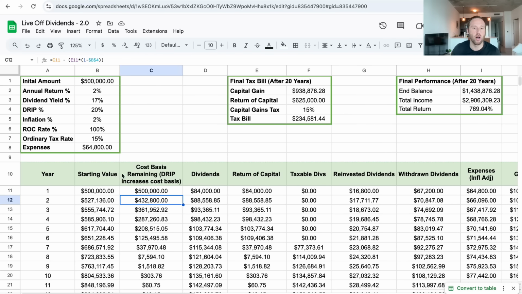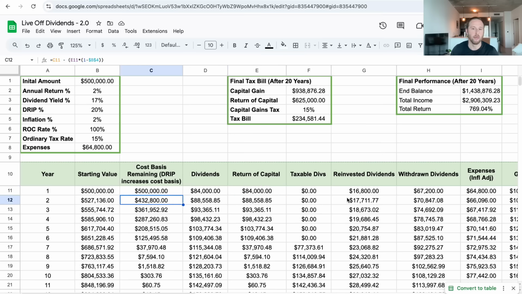Now you can see that our cost basis remaining has decreased to 432,000, right? Our initial cost basis was 500K, and we brought down the cost basis to 432,000 because we reduced our cost basis by 84K as a result of year one's 84K payout via dividend, right?